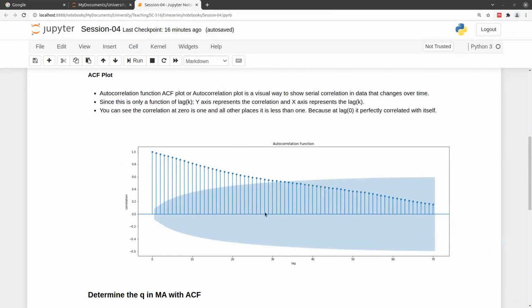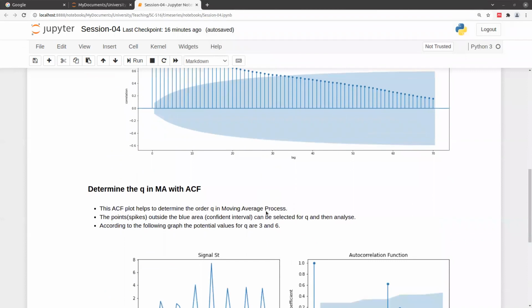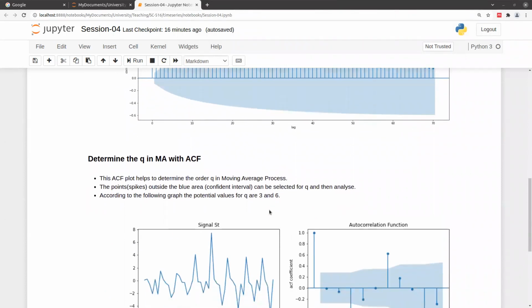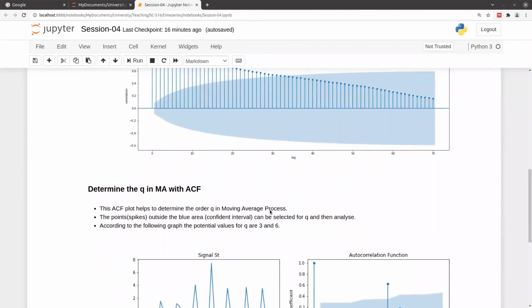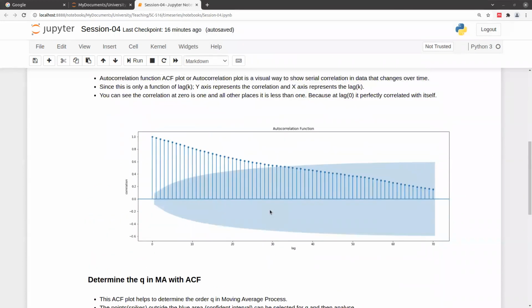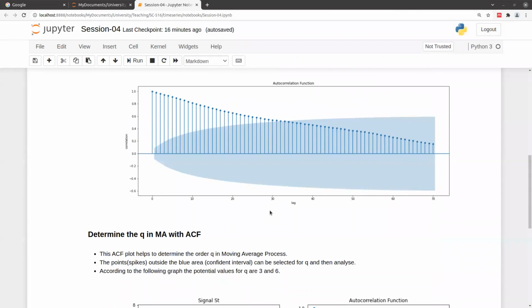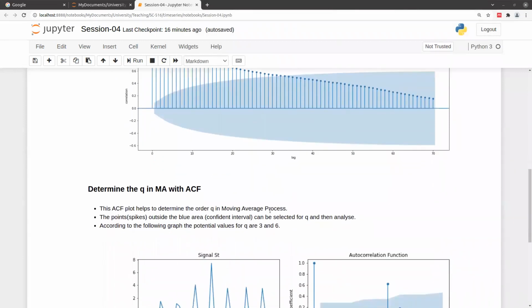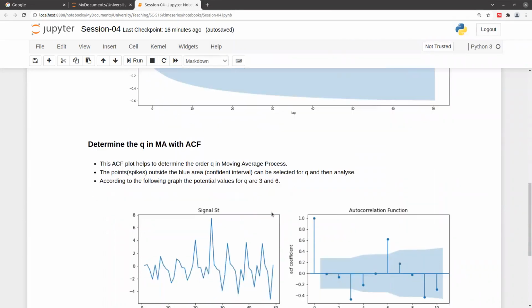In the ACF plot, determining the Q value can be done like this, because I stated that the ACF plot is responsible for determining the Q parameter of the moving average process. In the ACF plot, we can identify the possible Q parameters like this.